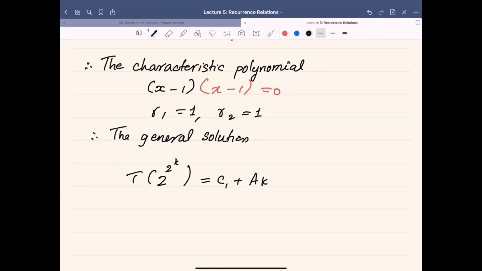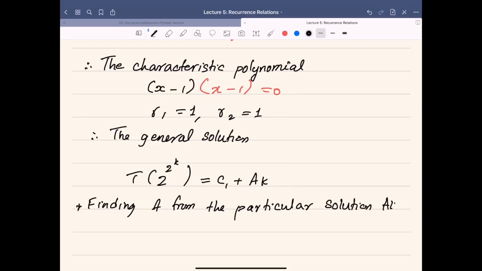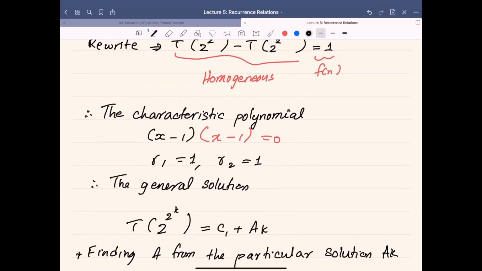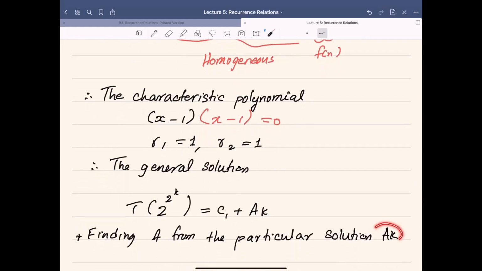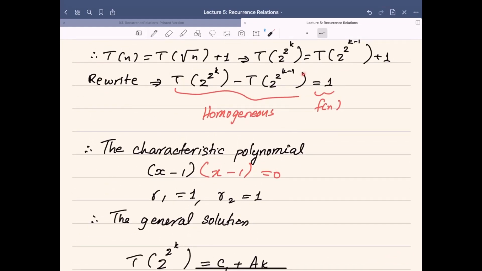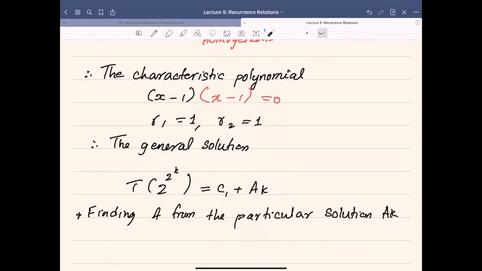Now first we need to find the constant a from the particular solution, which is a k. Now a k is the particular solution. We substitute into this recurrence relation: for t of 2 to the power 2 to the power k we replace it by a k, and for this term we replace it by a(k minus 1).